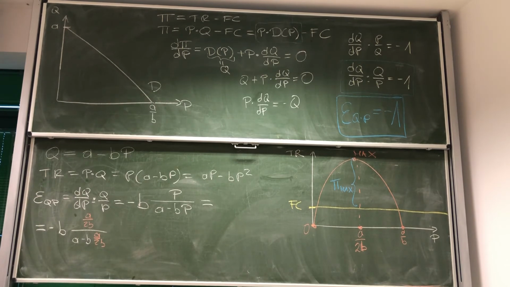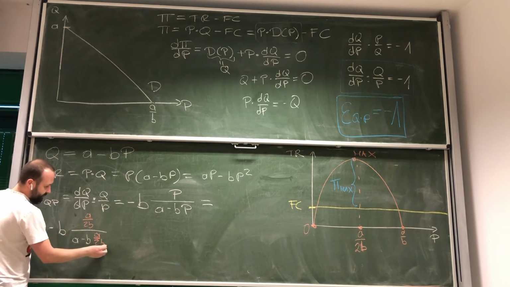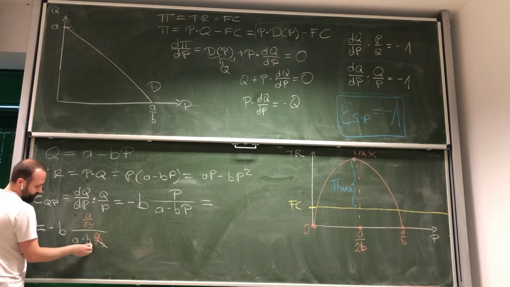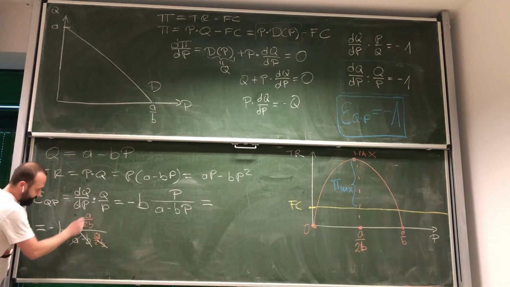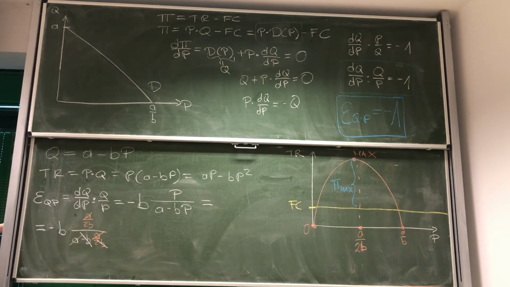Okay, I think we're getting somewhere with this. We clearly see that those two cancel each other out. So the A over 2B's, and also the A's over here and over here, are canceling each other out.